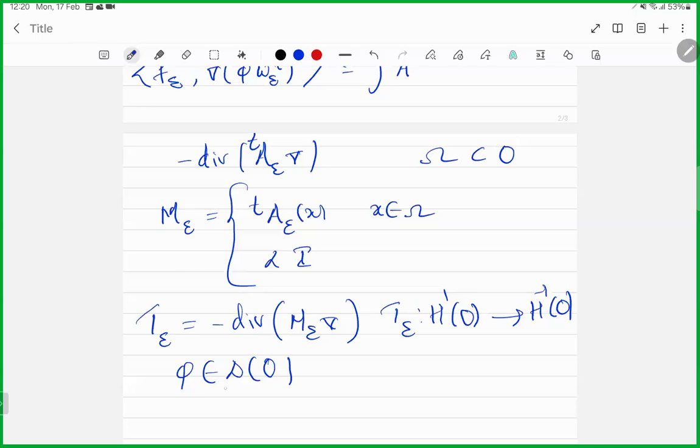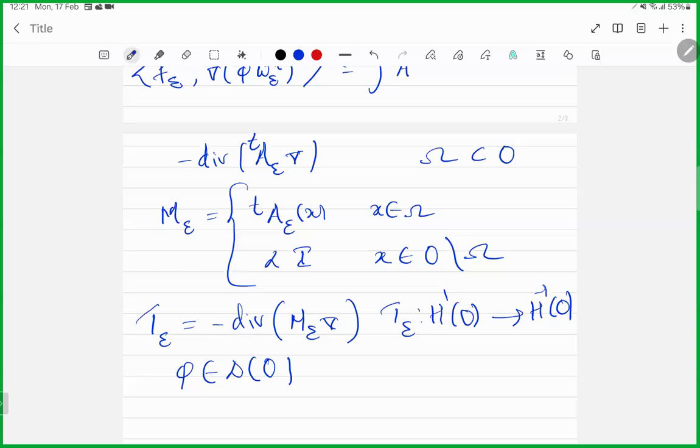H1. Originally, because I have extended this M epsilon in the complement, it is still an operator from H1.